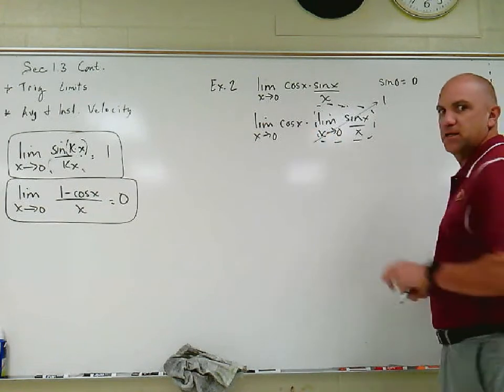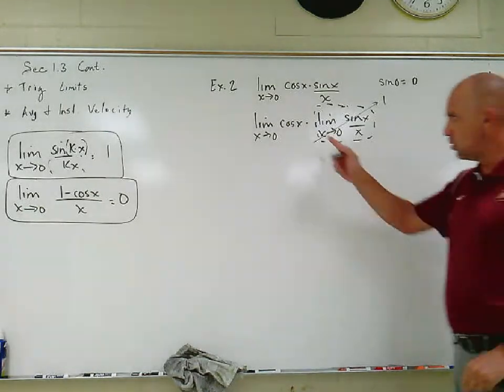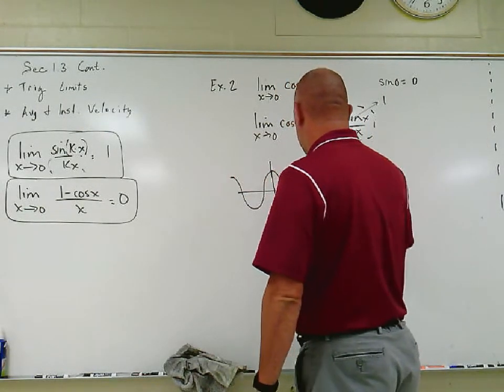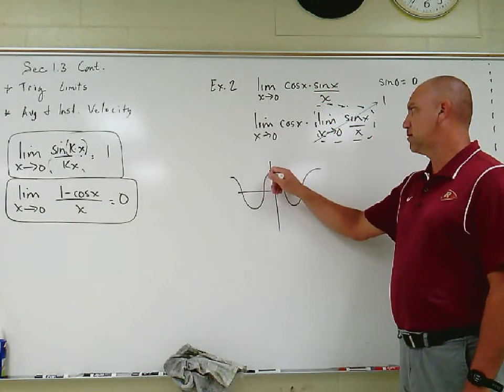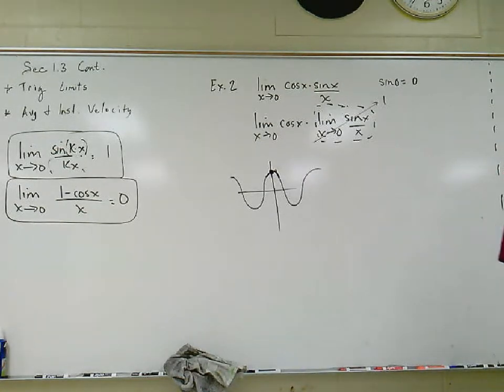But now the question is, how do you do the limit as x approaches 0 of cosine? Well, now we go back to the very first part of this lesson. Cosine is a wave. It looks like this, goes forever. And at 0, it has the point, and it has curve on both sides. So since it has that, you can do direct substitution.